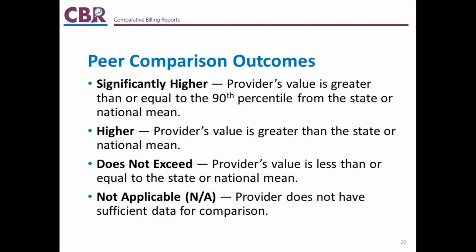And then not applicable means that the provider does not have sufficient data for comparison. The significantly higher outcome indicates that the provider's value is greater than or equal to the 90th percentile from the peer, state, or national mean. In order to talk about exactly how we calculate the 90th percentile, let's go to our next slide.